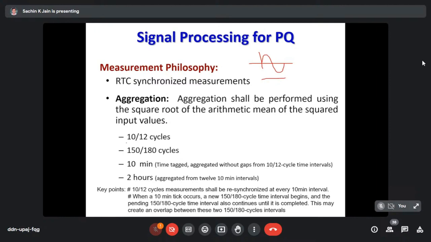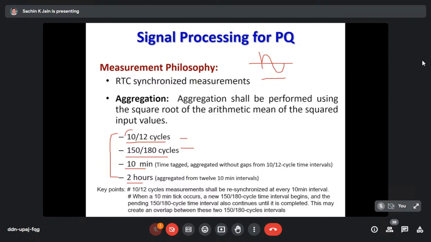So we aggregate generally for maybe 10 cycles, or maybe 150 or 180 cycles, which means 3 seconds. 10 cycles means 200 milliseconds or something, or for durations of maybe 10 minutes or maybe 2 hours. So according to the standards, which we have discussed, it is defined how much you need to aggregate. And that aggregated information is used for decision making at different points.